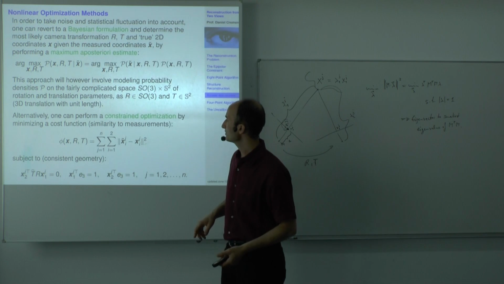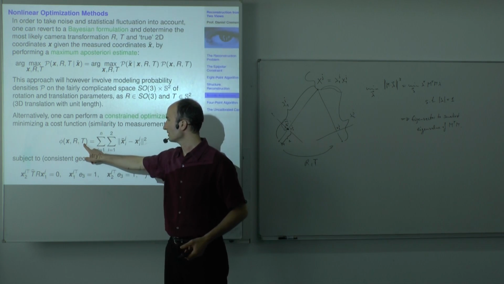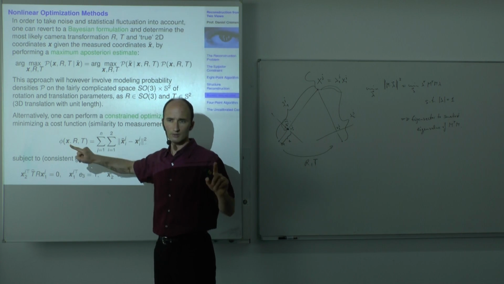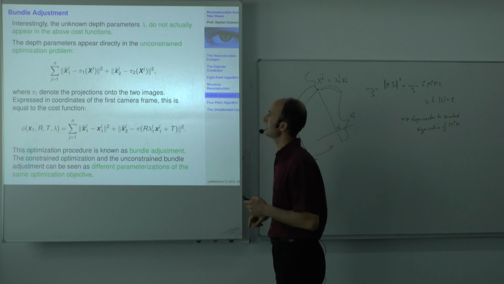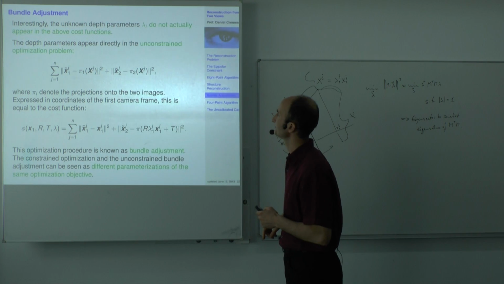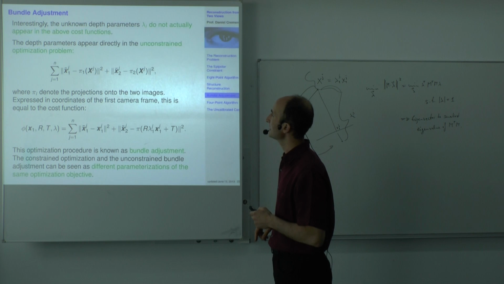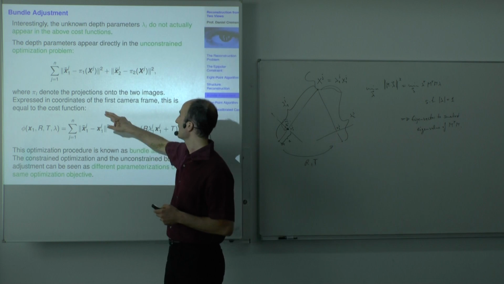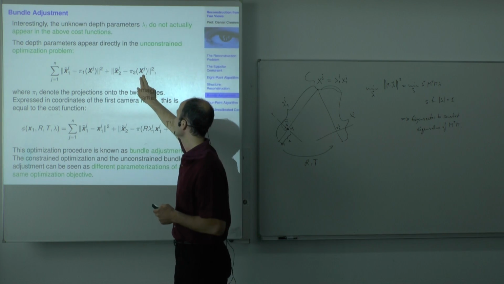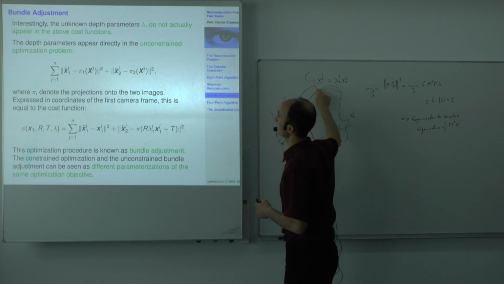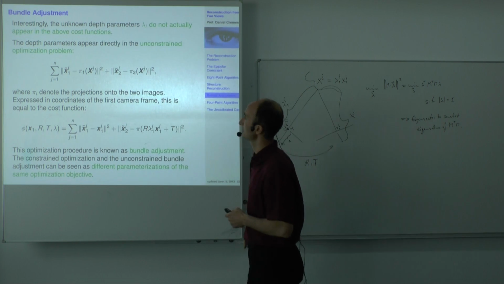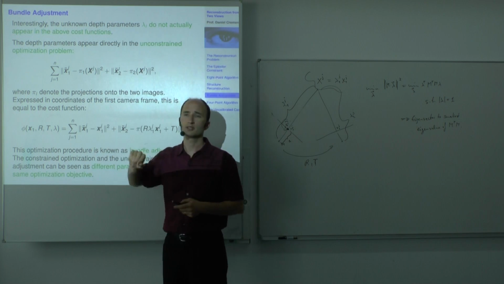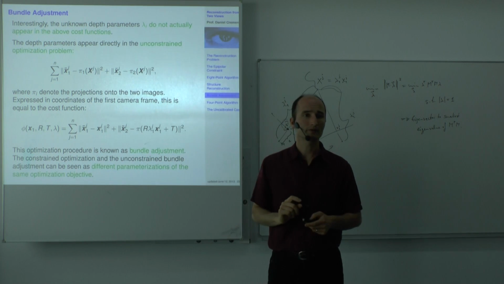In this formulation, we parameterize it in rigid body motion and the true 2D coordinates in the two images. What we can do instead is parameterize it in 3D coordinates. We can say we have 3D coordinates xj, so that is this point, and we have rotation and translation, and we want such 3D coordinates and rotation and translation that the projection is close to the observed point.